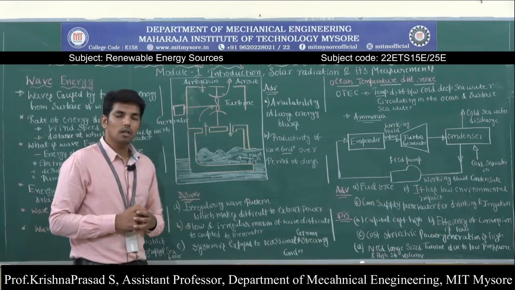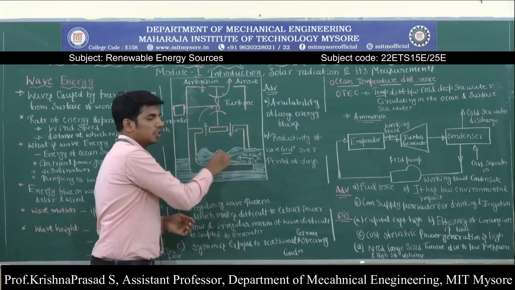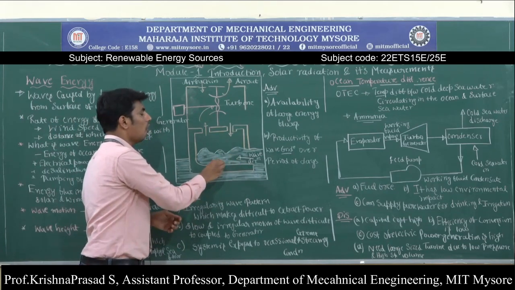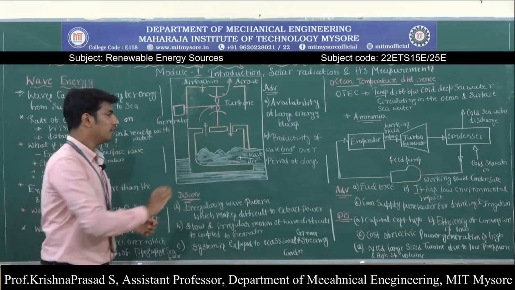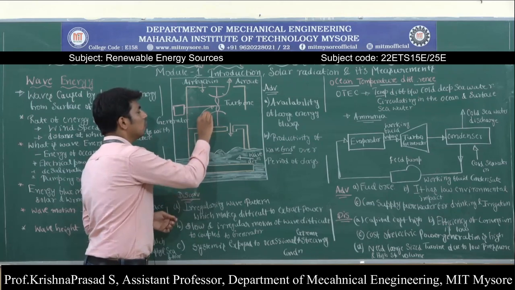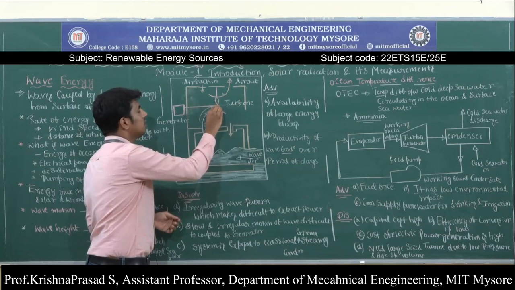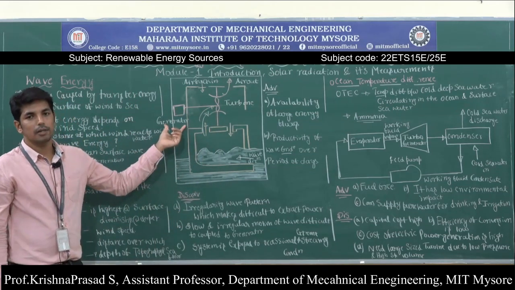So what happens? The working. When water enters into the lower chamber, where water is already present, it rises up, and this pushes the air present on the surface of the water to move into the upper chamber. This pushes the turbine, and then it generates electricity with respect to the generator.